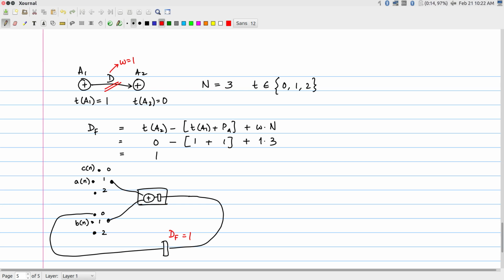Sorry, the other way around. So A2 of 0 is going to use something that was generated one iteration earlier, A1 of minus 1. A2 of 1 will be using A1 of 0. A2 of 2 will be using A1 of 1, and so on.